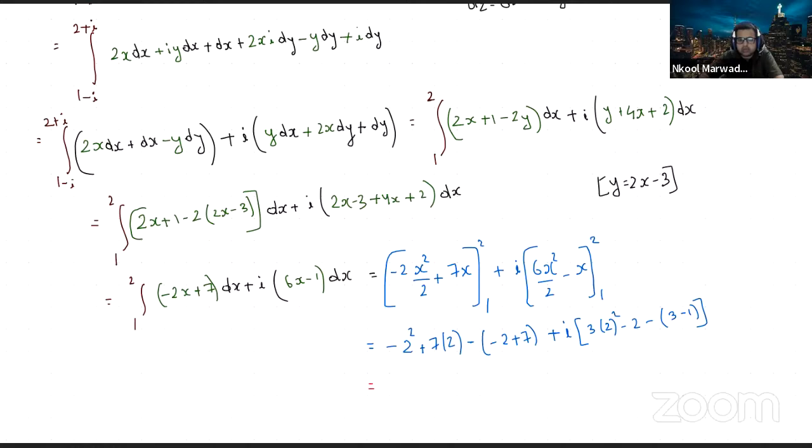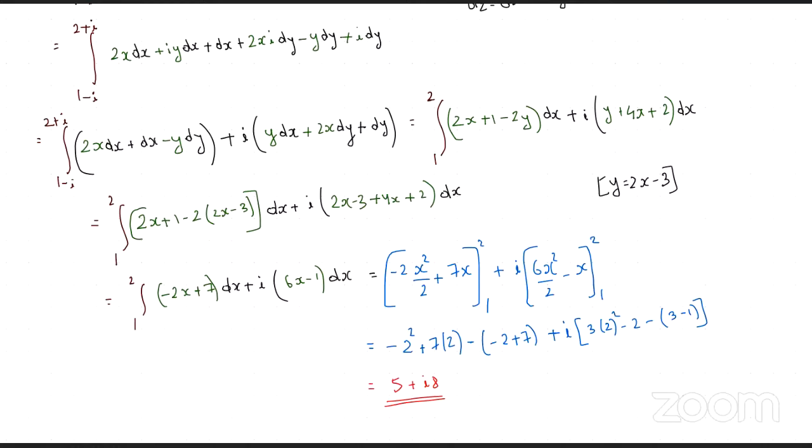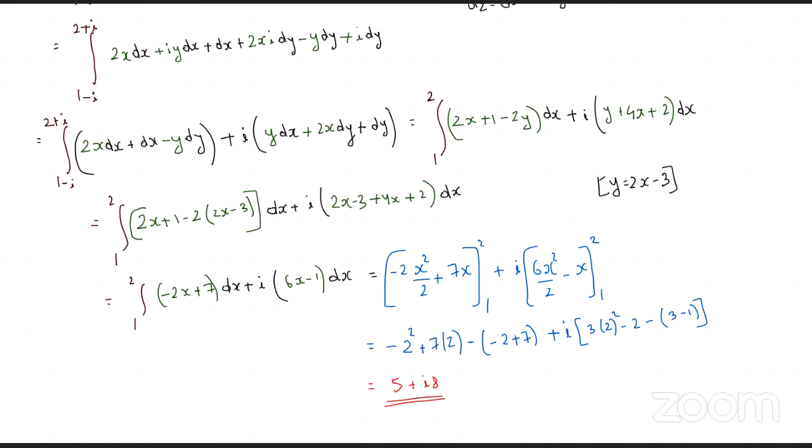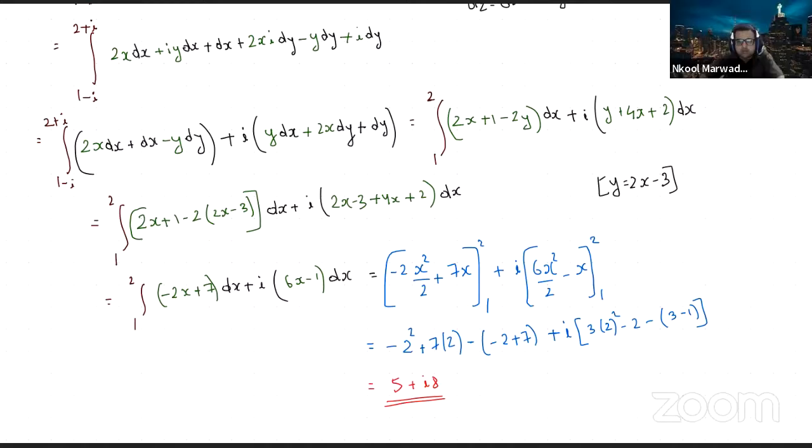Plus i, 4 3s are 12, so it will become 10 minus 2. Okay, one mistake I did, sorry. One correction.